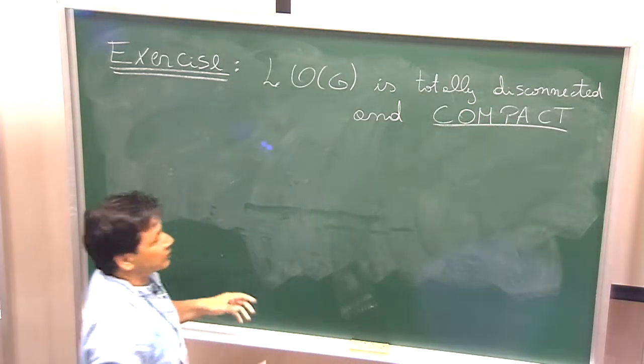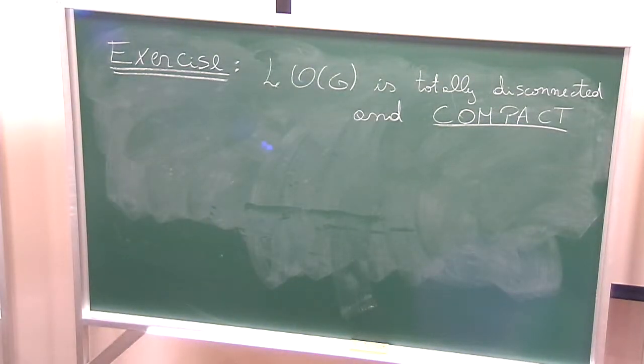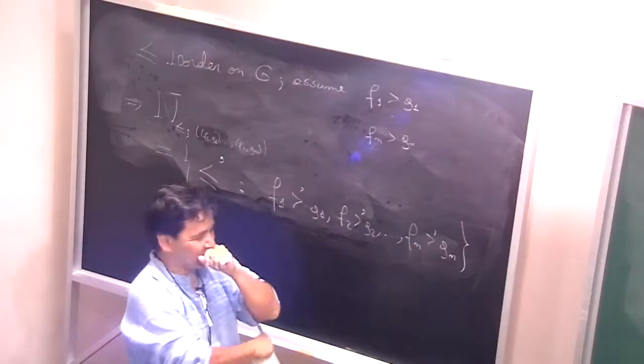So this is the second part of the exercise. It is always compact. Maybe I don't understand that neighborhood well. If you think of the order as a function from the set of pairs to the set {0, 1}, then this is just the compact open topology.